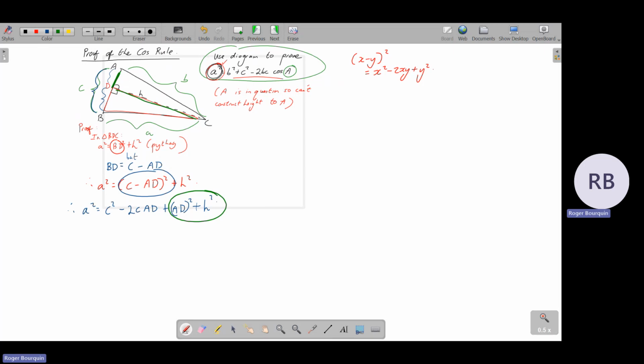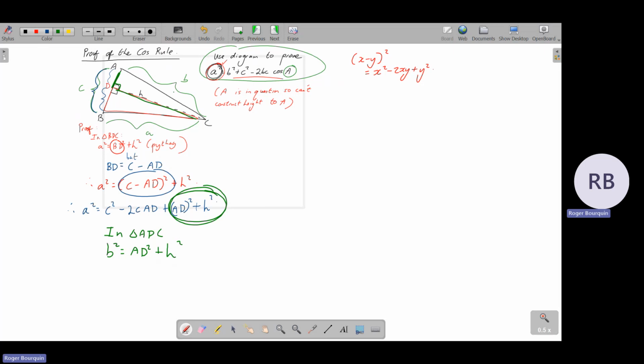So in triangle ABC, you can see that the hypotenuse, b squared, is equal to AD squared plus H squared.